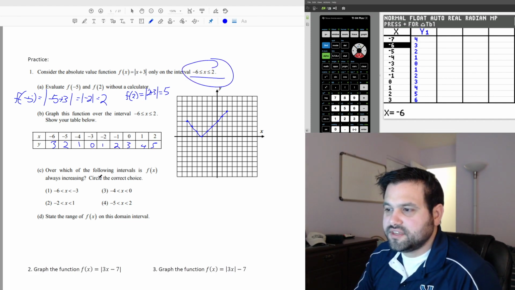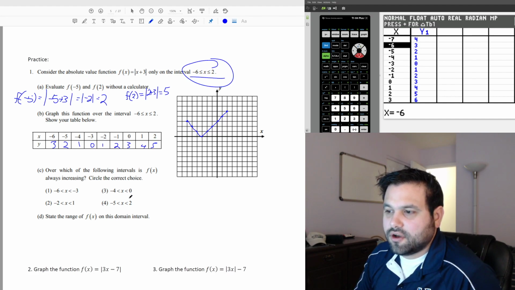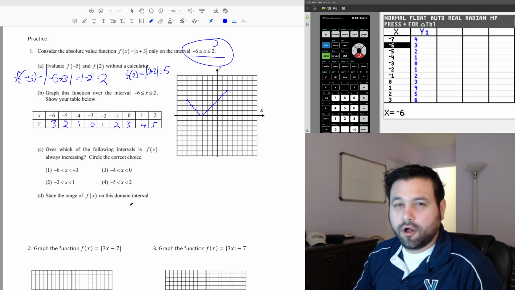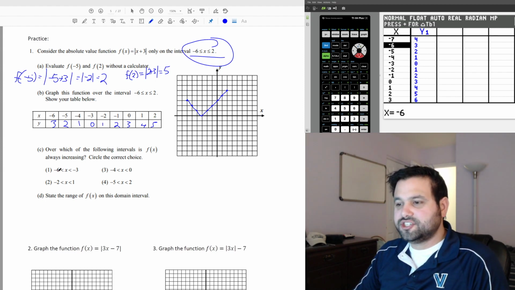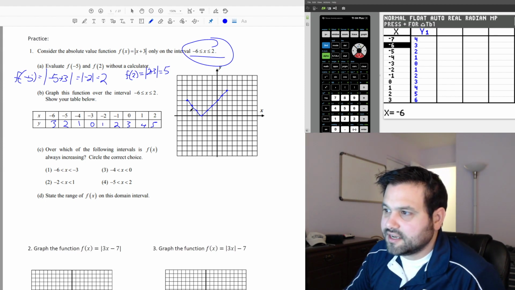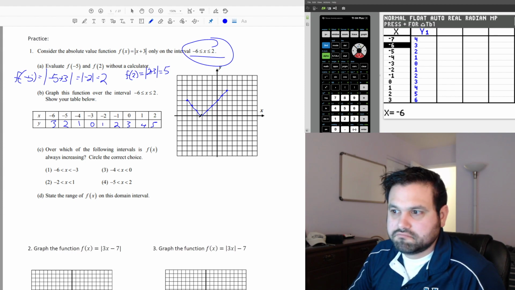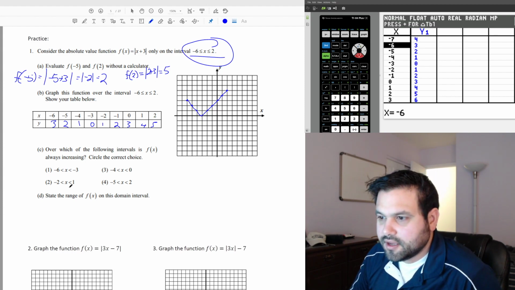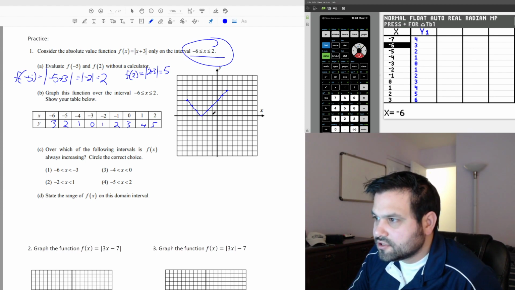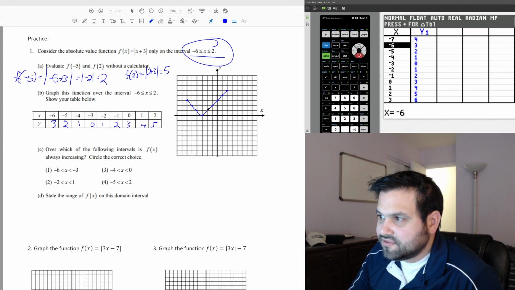So over which of the following intervals is f of x always increasing? Always increasing. So if I just check the options from negative 6, so when x is negative 6 to negative 3, am I increasing there? No, that's decreasing. Option 2, negative 2, so when x is negative 2 to positive 1.